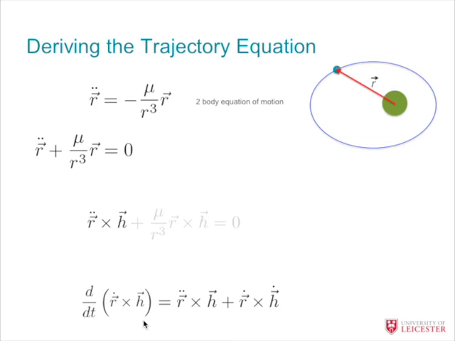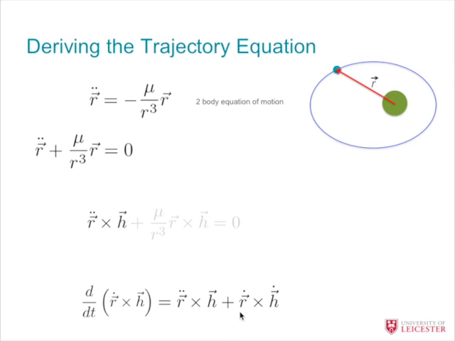So you apply the product rule, and we have that d by dt of this first differential of r crossed with h is equal to the differential of that first term crossed with the second term. In other words, the second derivative of vector r with respect to time crossed with h, plus the first term crossed with the differential of the second term.